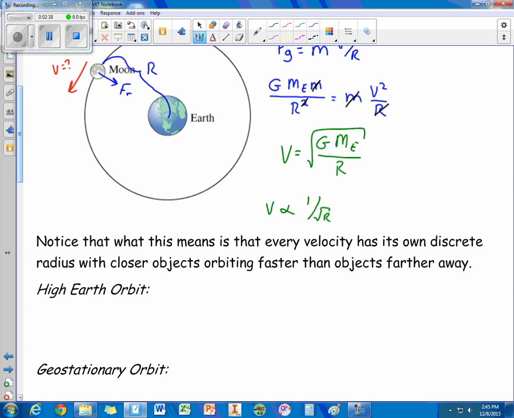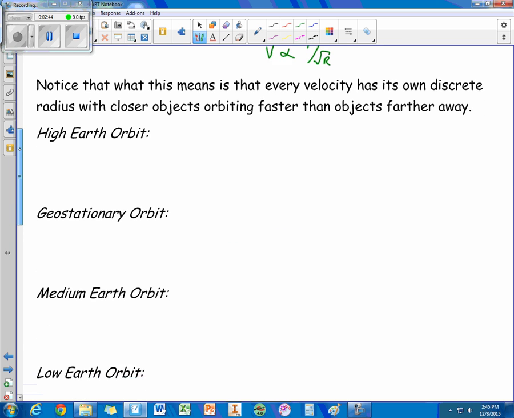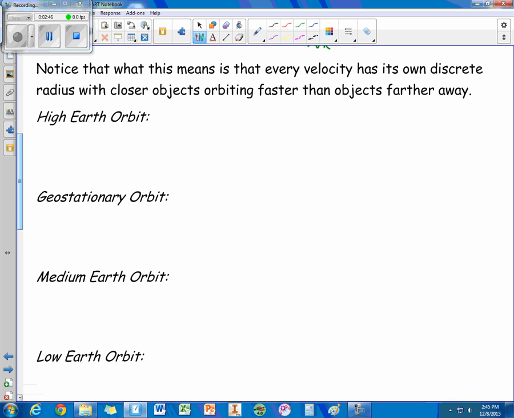All right, now we need to talk about different radii. We have some common orbits. From the farthest out to the closest one, we have the high Earth orbit, the geostationary, the medium Earth orbit, and the low Earth orbit.